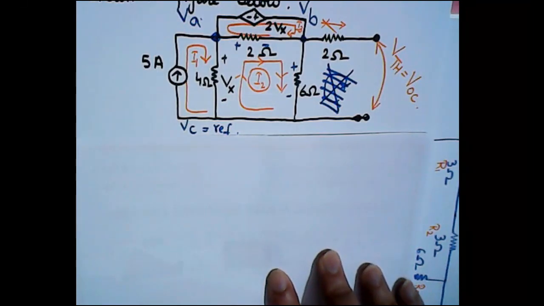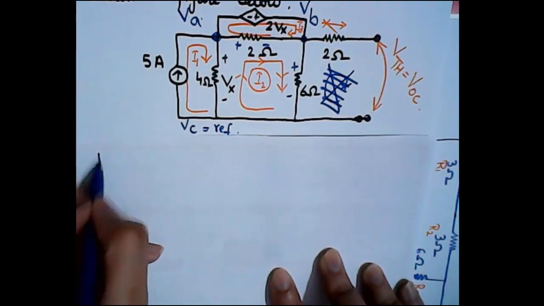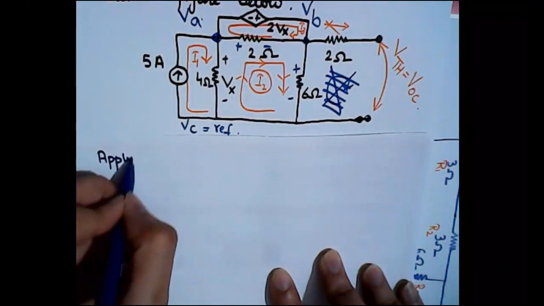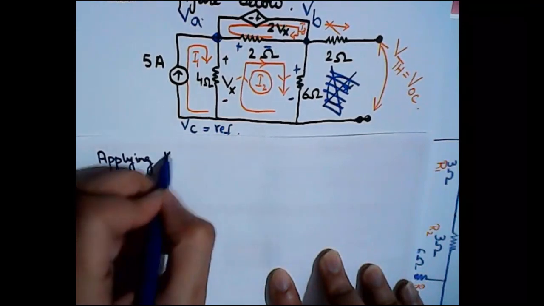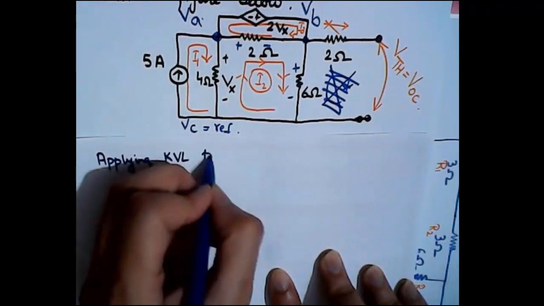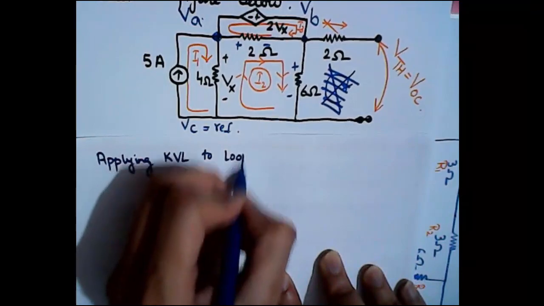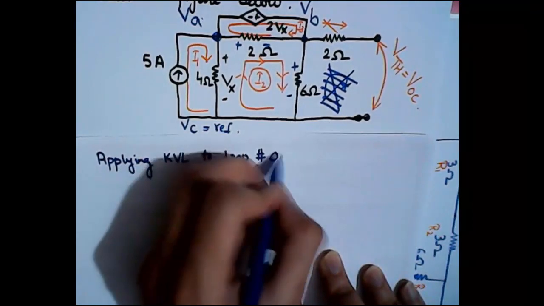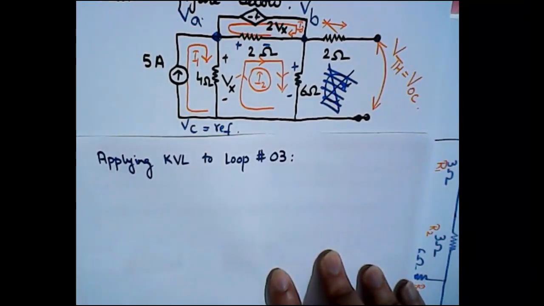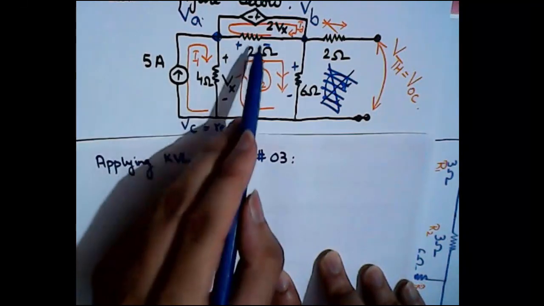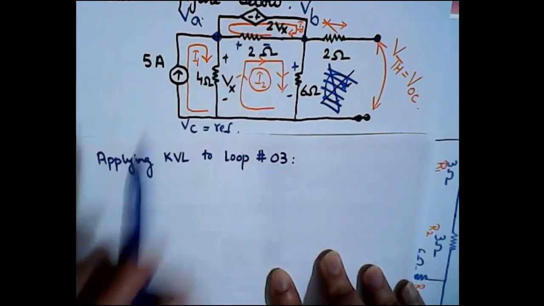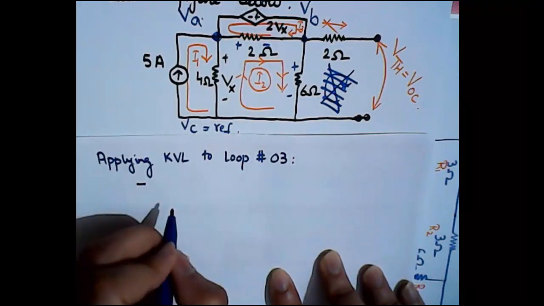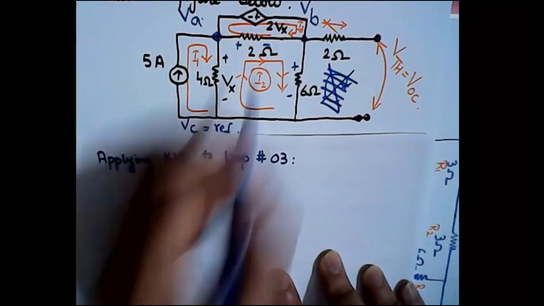So let's start by applying KVL to loop number 3. The current is now entering the negative terminal here, right? So the overall voltage will be negative. Resistance is 2 ohms.